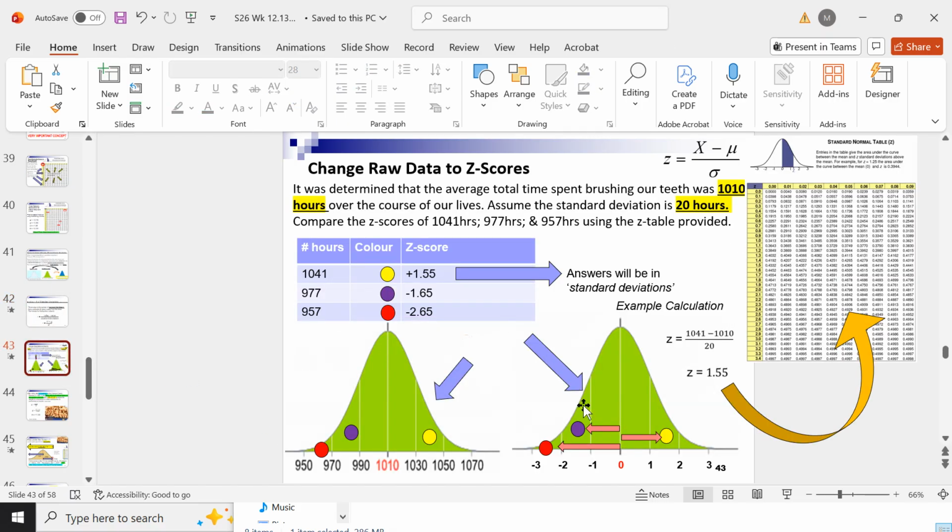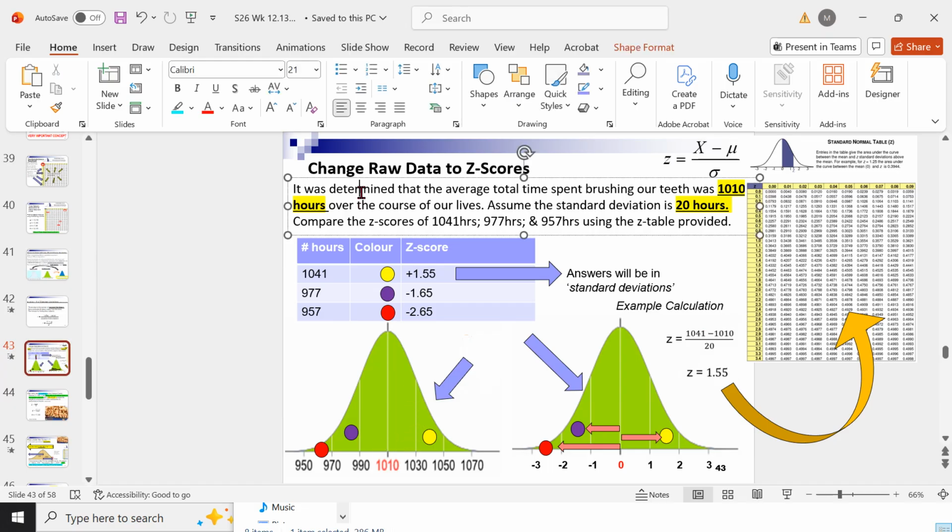So here I've got another fictitious example, changing raw data into Z-scores. I take the same diagram as the oranges, but this one is about brushing teeth.